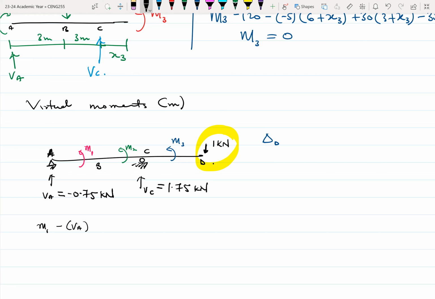Let me call this distance here X1, this will be your X2, and this will be your X3. So because minus VA times X1 equals 0, our small letter m1 will be equal to minus 0.75 X1.